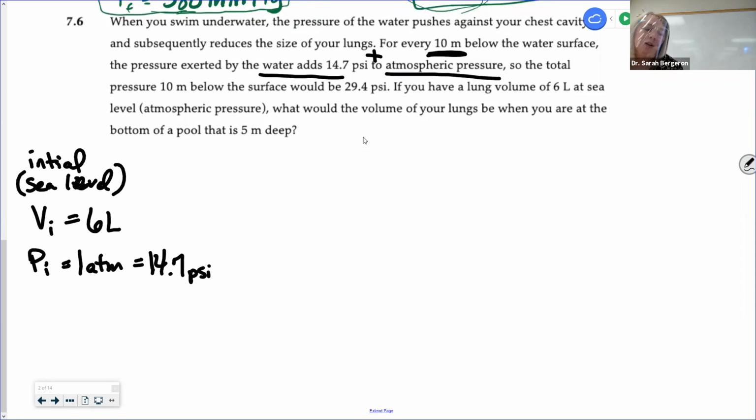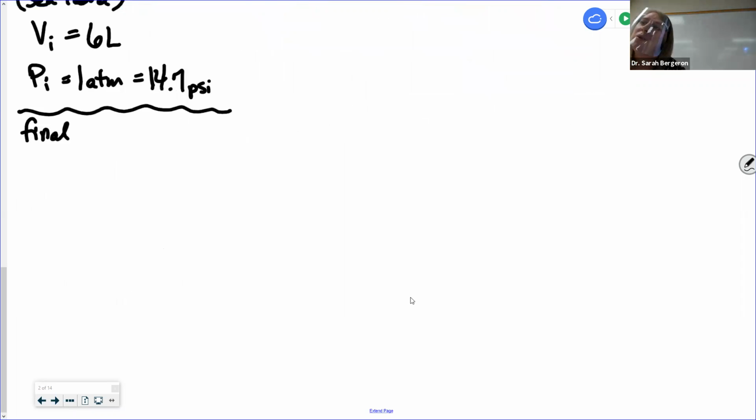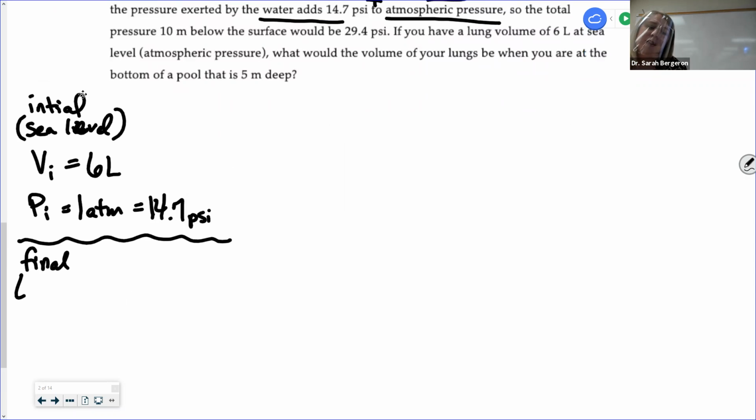Okay, now I want to talk about my final conditions. What's the difference between initial and final? Initial is at sea level, final is at 5 meters. 5 meters in the water. Right, 5 meters deep. Okay, so if we're at 5 meters deep, what do we know?